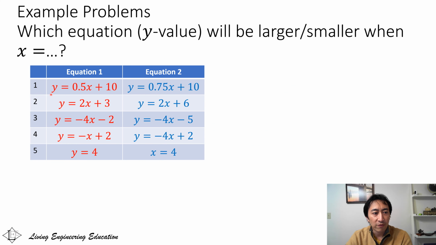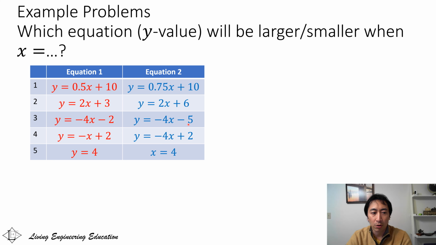So here I have 5 conceptual problems for us to think about, right? Each of these has 2 equations, and the equations have something in common, whether it be the slope or the y-intercept or something along those lines. I want you to think about, at some value of x, how would you determine whether the y value of equation 1 would be larger or smaller than that of its corresponding equation 2?